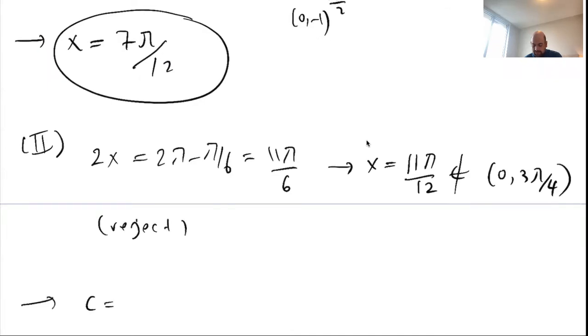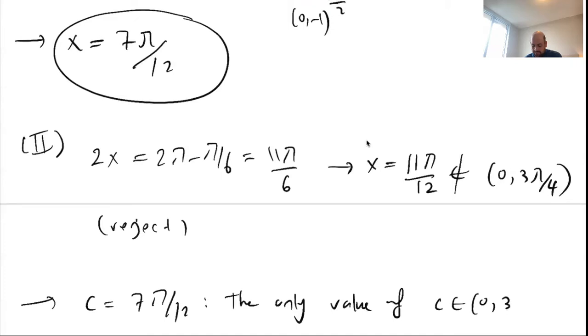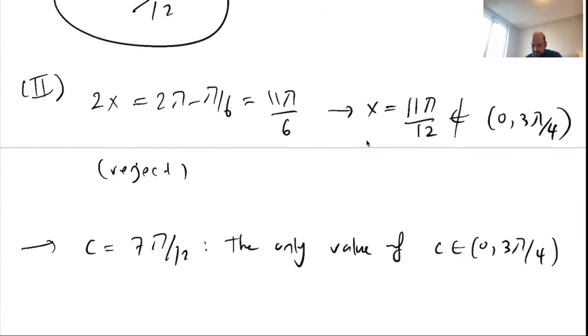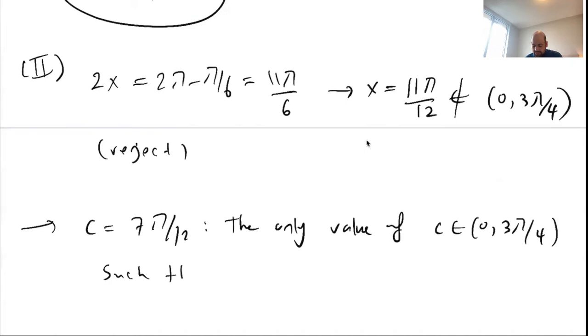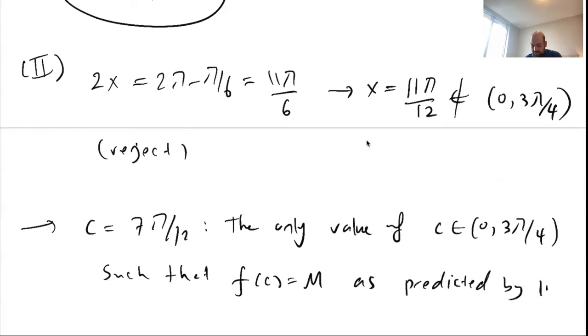So that means c equals 7 pi over 12. This is the only value of c between 0 and 3 pi over 4 such that f of c is equal to m, as predicted by IVT.